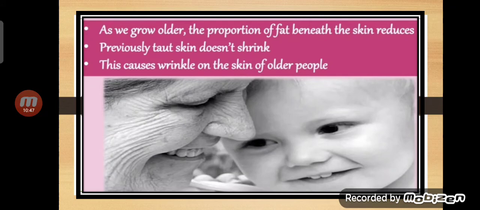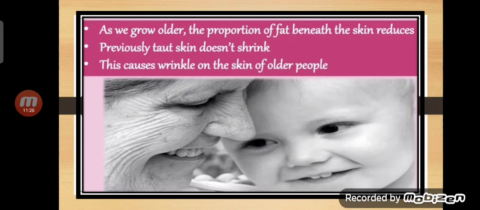Have you ever observed your skin and your grandmother's or maybe grandfather's skin or any old people present in your house? Have you seen their skin, children? Yeah. What is the difference between your skin and their skin? Yes. As an individual grows older, the proportion of fat under the skin reduces.